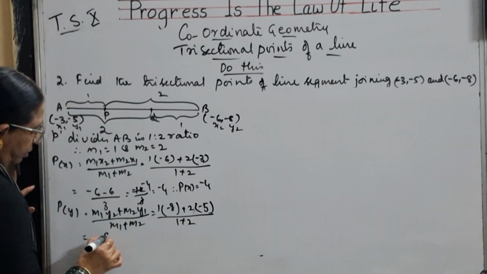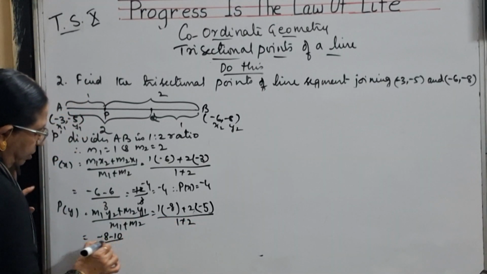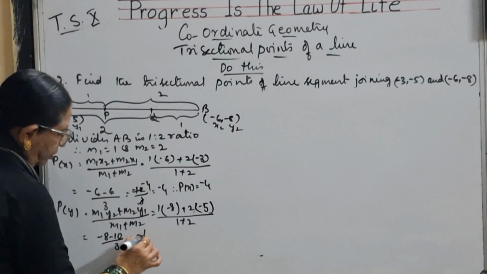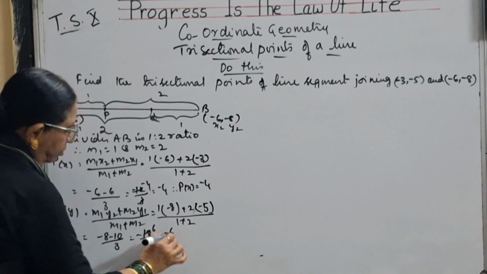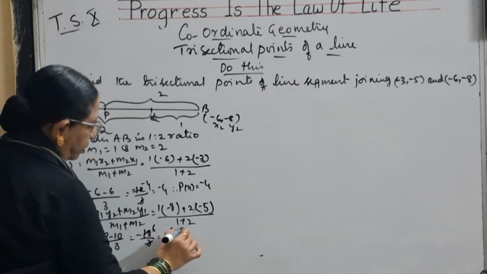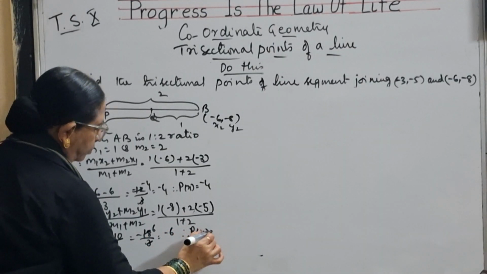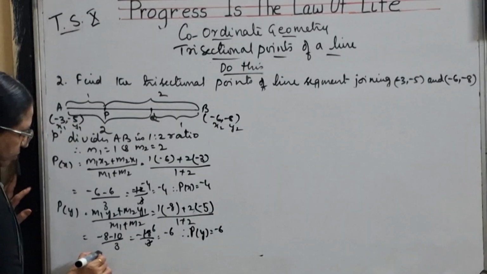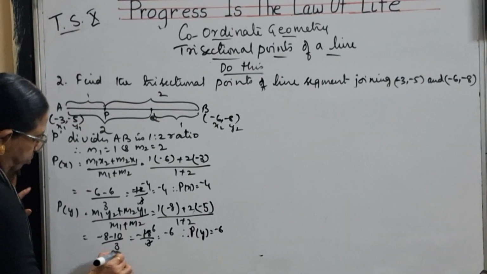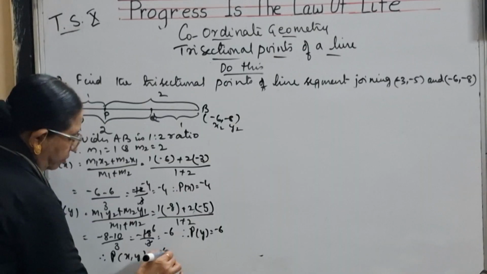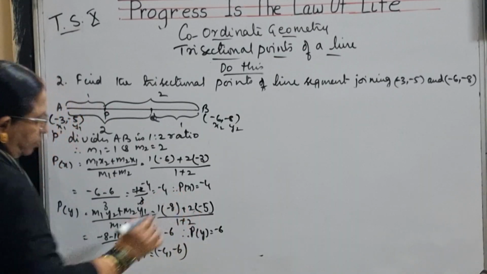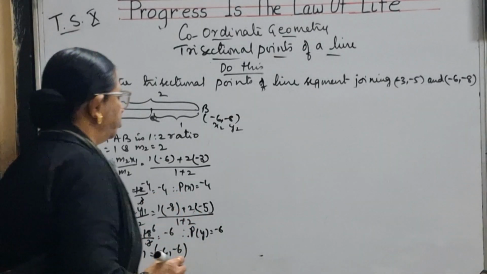That is equal to (-8 - 10) by 3, that is -18 by 3, which is equal to -6. Therefore, P of y is equal to -6. Therefore, P of x comma y is equal to (-4, -6). You have got P.